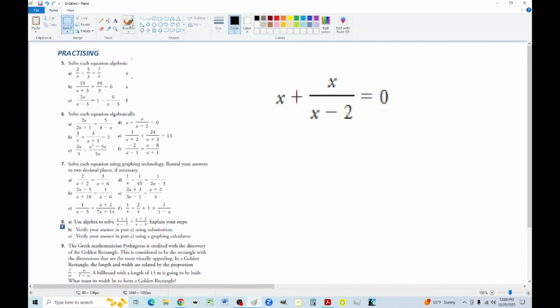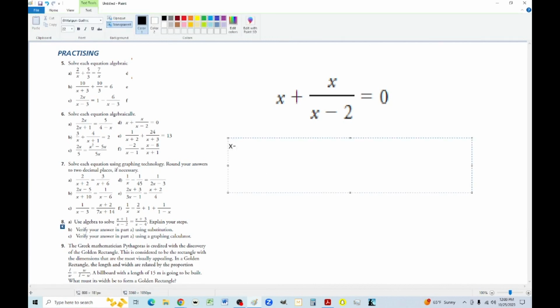So I'll have to multiply both sides by x minus 2. When x minus 2 multiplies through to both fractions, I get this. It's clear 0 times x minus 2 on the right is just 0.